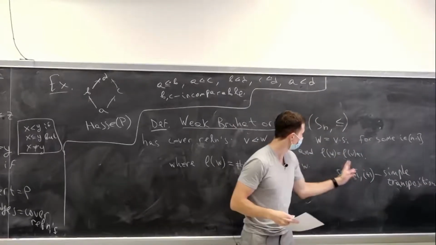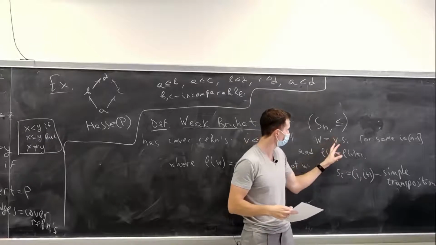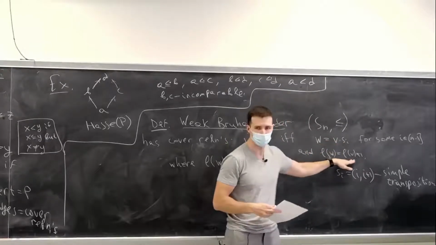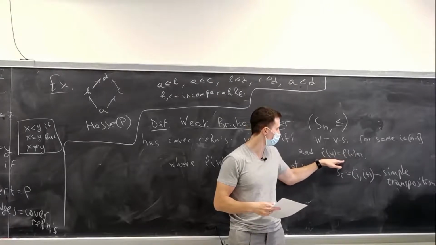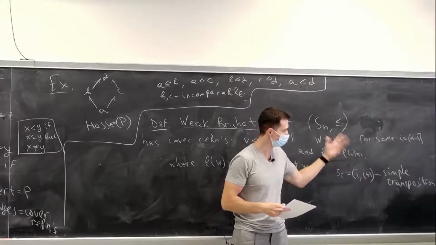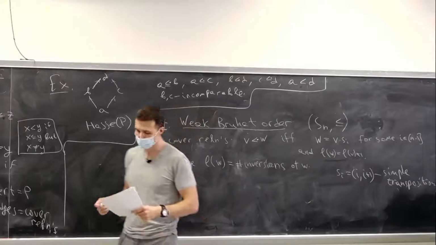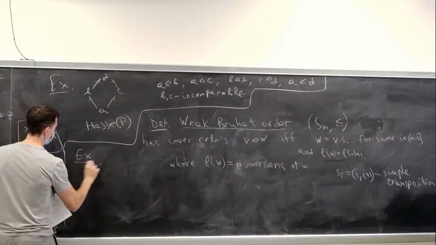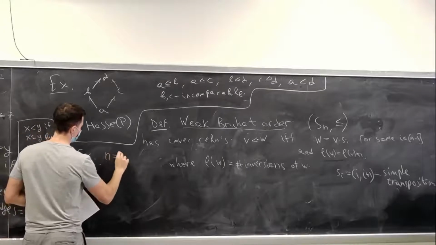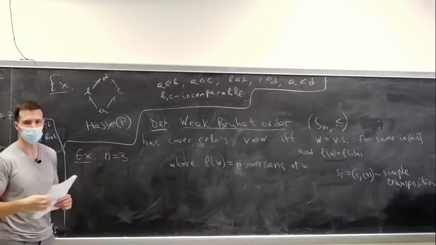You swap positions i and i plus 1, and the length has to go up. It either goes down by 1 or up by 1, and W is bigger if it goes up. So, example: what happens for n equals 3? What picture do we get?